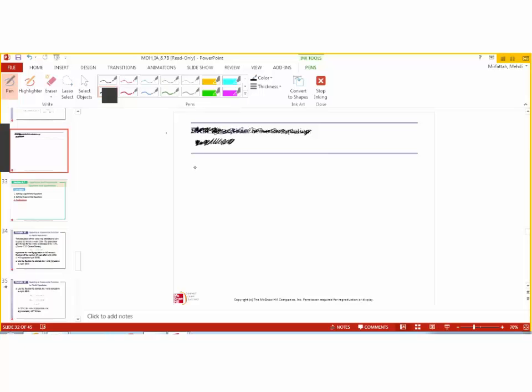So the first one: if I have y equal to log of x to the base b, then you can write this as b to the power of y is equal to the argument x. That's the first thing you have to remember. Okay, the next one: if I have log of x plus log of y, you can write it as log of x times y.